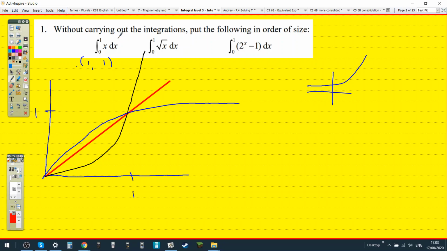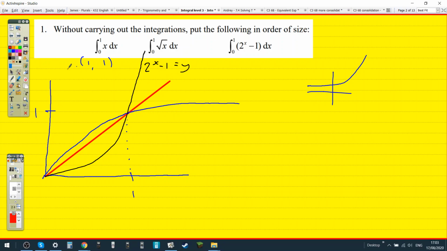And so you have to say, if integrated, which one is the smallest, which one is middle, which one is most. I think x would be the most. Wait, no, it's area under the graph, right? Yeah. So 2 to the x minus 1 would be the most, and then x, and then root x. So this black one is 2 to the x minus 1.